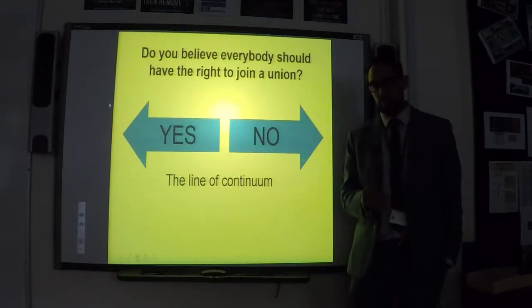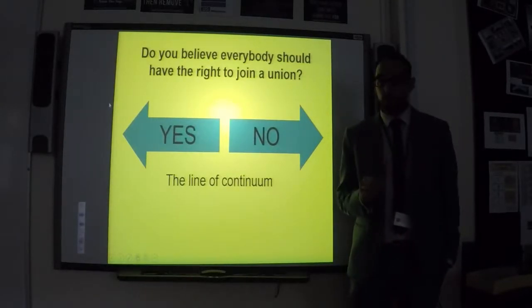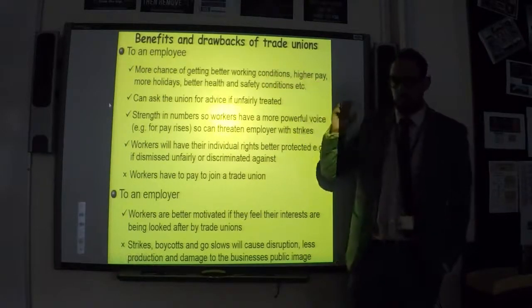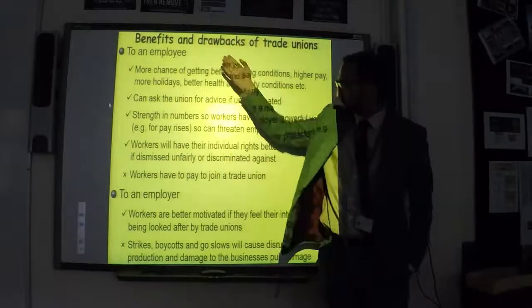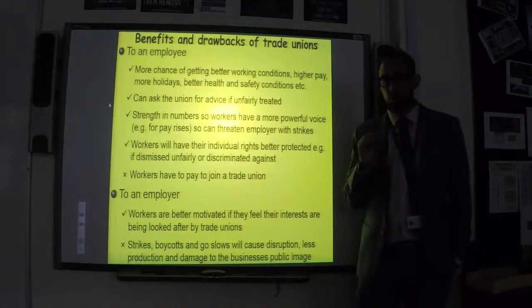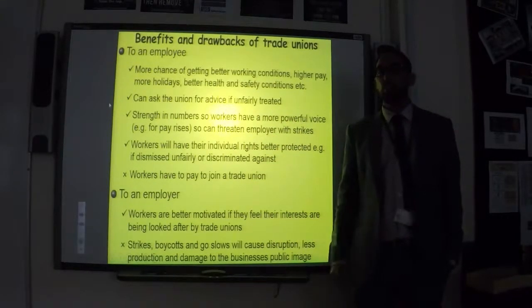If you do the benefits and drawbacks of trade unions to the workers, you will get no marks. So you must be very, very careful, and you must make sure that you look at what the question is asking. Is it asking for the benefits and drawbacks to the employee, or is it asking for the benefits and drawbacks to the employer? And that will totally change your answer. And if you do it the wrong way around, then you will get no marks. So just be careful with that.